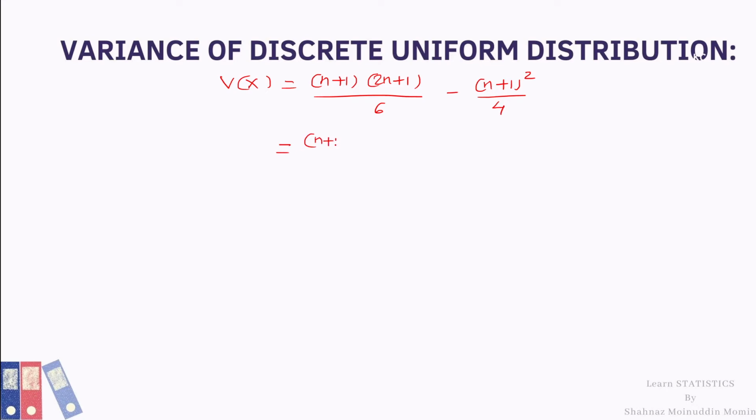I shall take (n plus 1) divided by 2 common, so it is (n plus 1) divided by 2 into [(2n plus 1) by 3 minus (n plus 1) divided by 2].